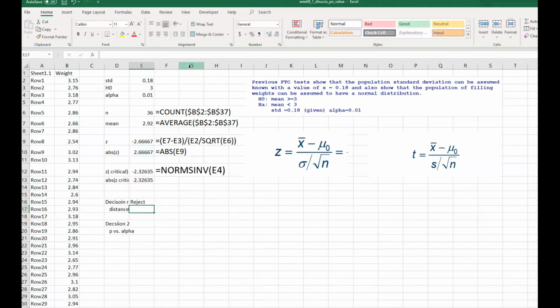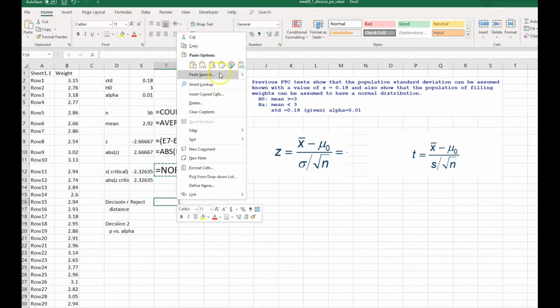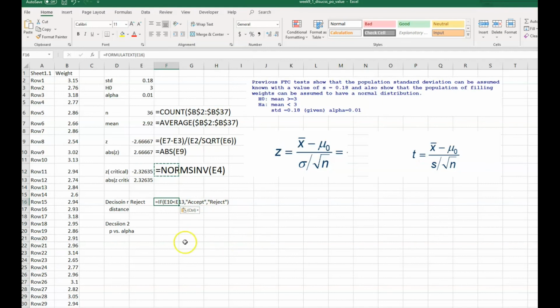So we should see reject. Okay, so let's copy the formula here. If our absolute value, 2.66, is less than 2.33, we accept. Otherwise, reject. Because 2.66 is higher than 2.33, we reject.